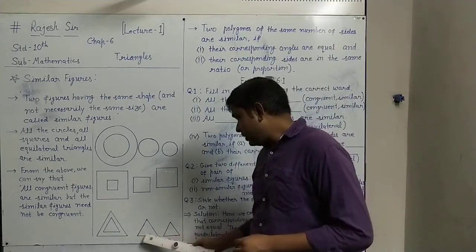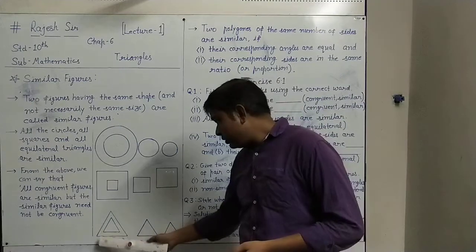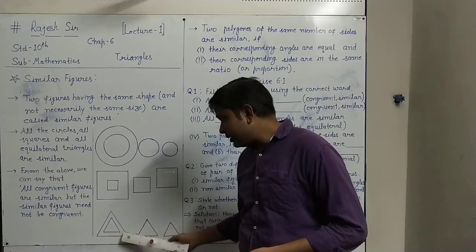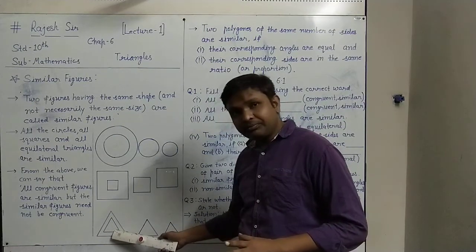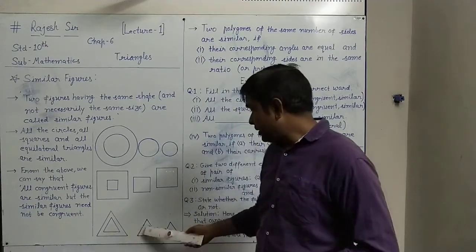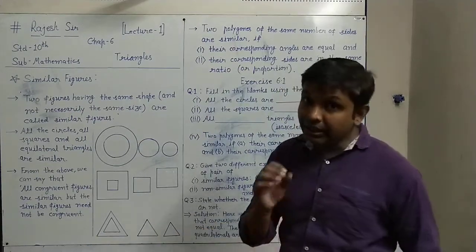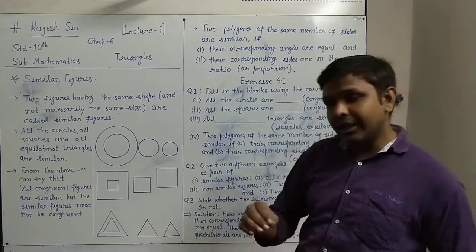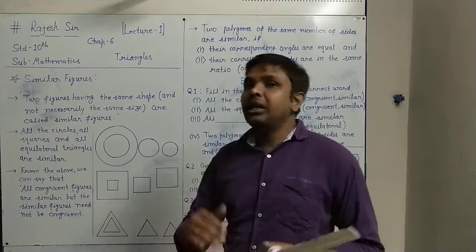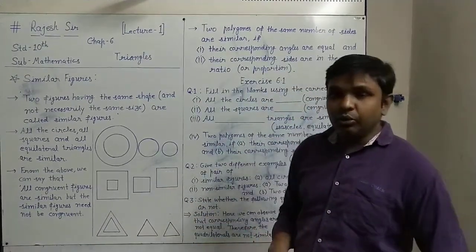Similarly, here we have drawn equilateral triangles. Equilateral triangles means all three sides are equal. In this smaller one also the three sides are the same, and here also an equilateral triangle, here also an equilateral triangle. All the triangles are equilateral, which means they have the same shape, but the sizes are different, smaller or bigger, no matter.